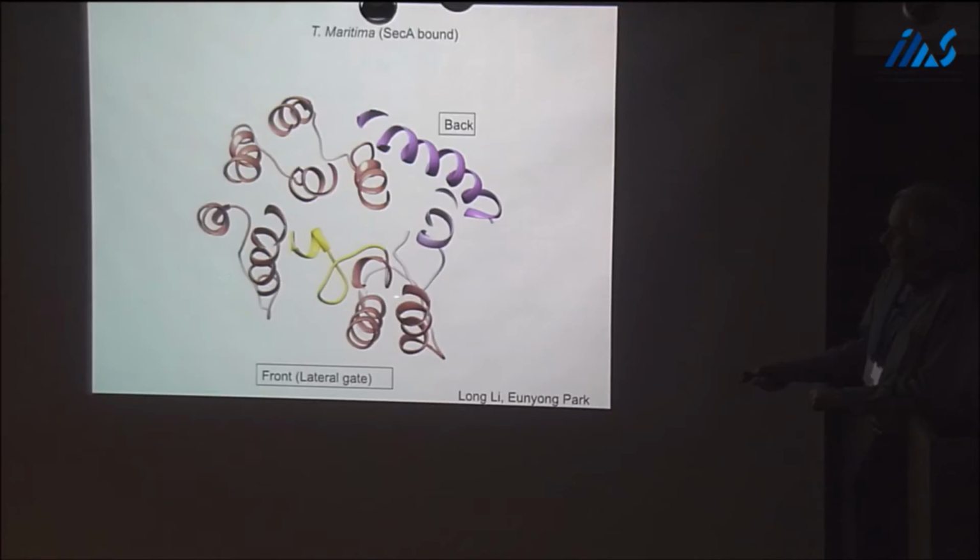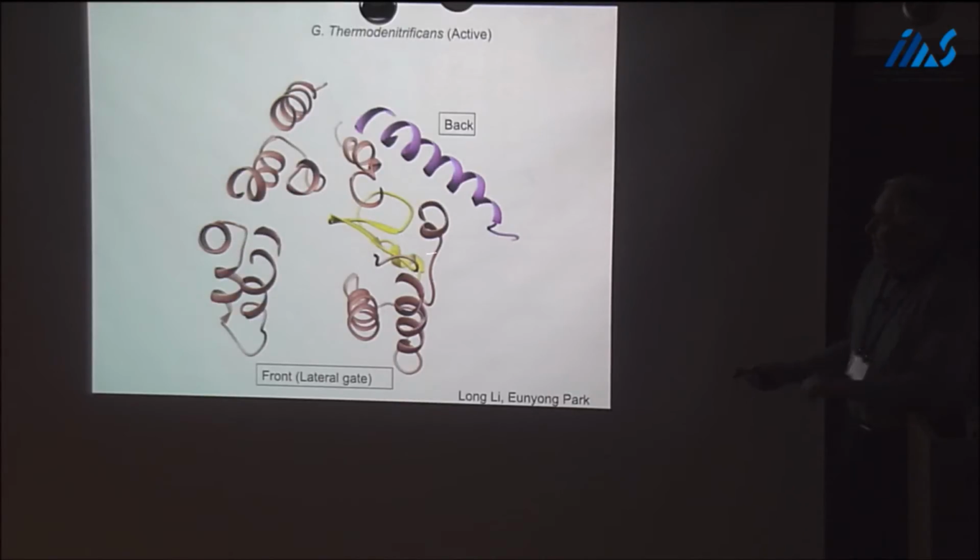I'll show you this in a minute. And the plug sits in the front and prevents, presumably in a native membrane, the influx of lipids into the channel. And in the active channel, the plug is moved towards the back. Now this looks like an open lateral gate, but in fact the signal sequence is sitting here, and I left it out here.